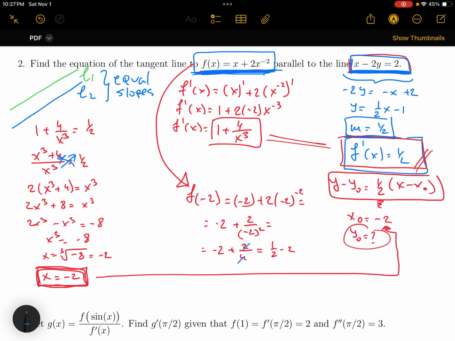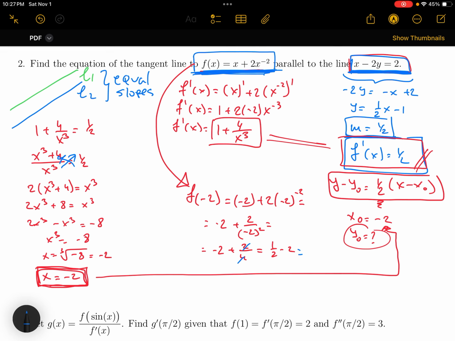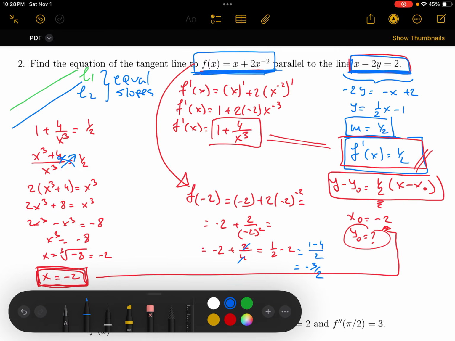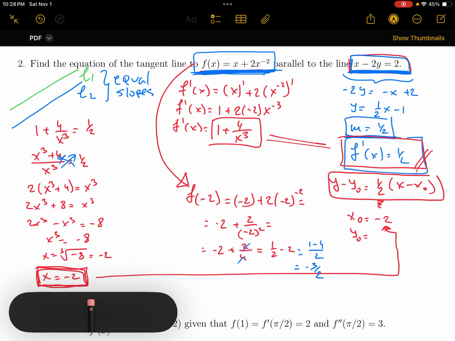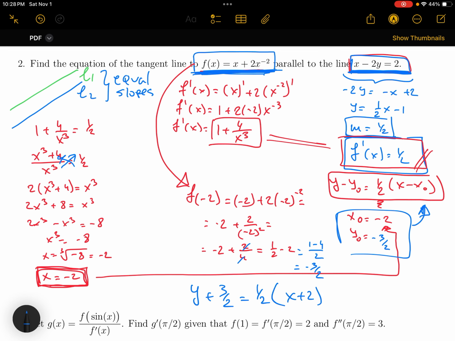And I get 1/2 minus 2, which is 1 minus 4 over 2, and that's negative 3 over 2. And that value is our y value, negative 3 over 2. Once we have these two values, we can plug them into our equation of the tangent line and finally get y plus 3 halves is equal to 1 half times (x plus 2).